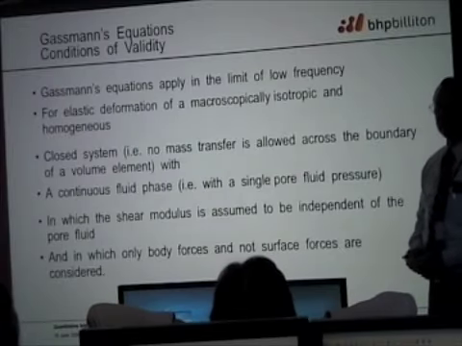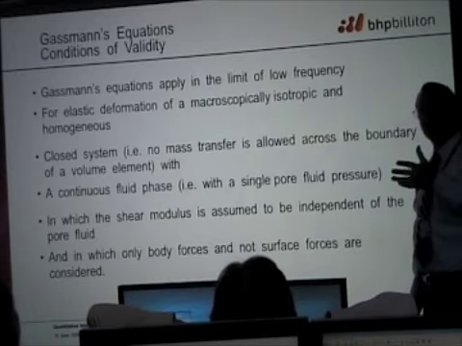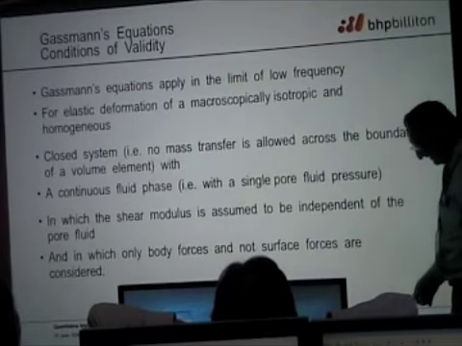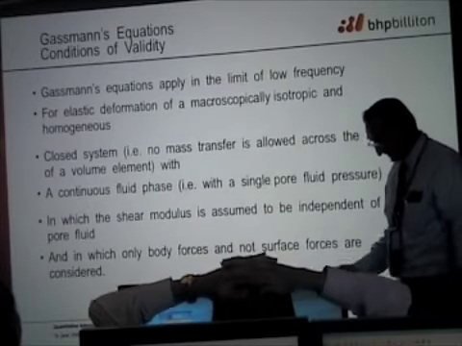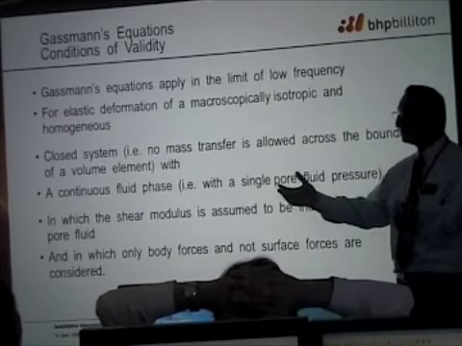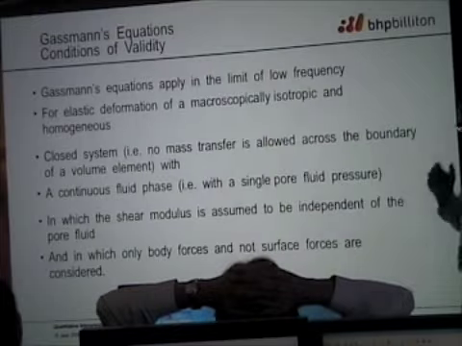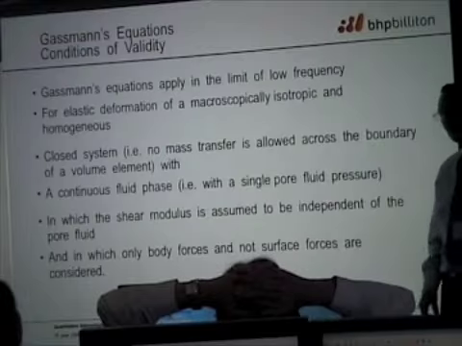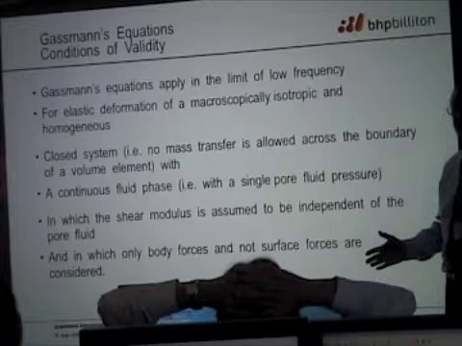Biot came along in the mid-50s and he did a proper analysis of the transient, time-dependent response. And for the reasonable porous rocks, the kinds that we deal with in crustal geophysics, the characteristic transition frequencies are typically between 1 and 10 megahertz, well above even the highest logging frequencies.